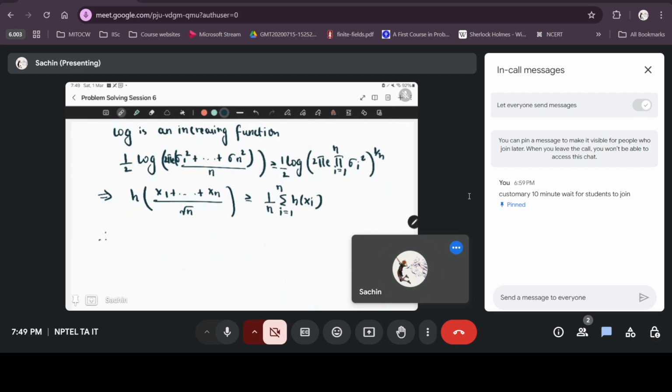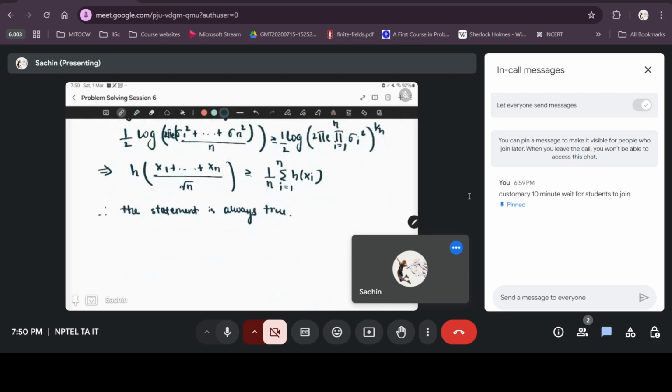Therefore, the statement is always true. So option A is correct.